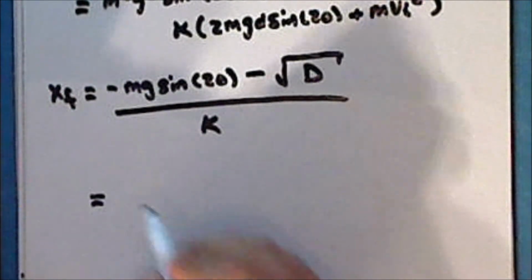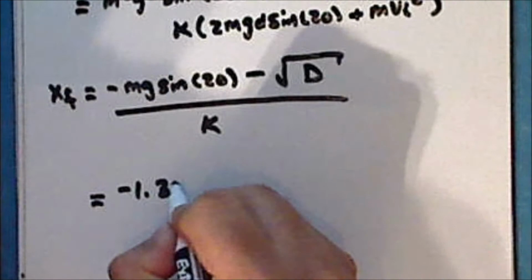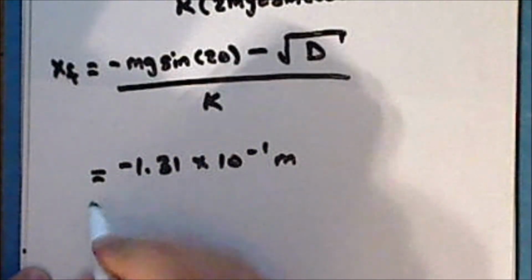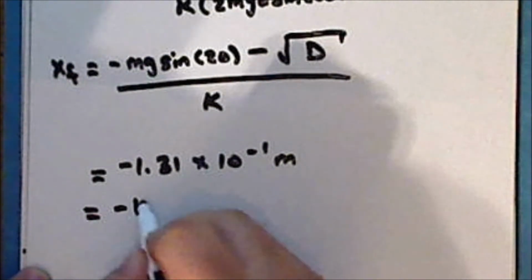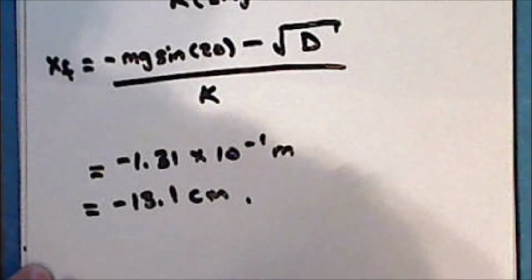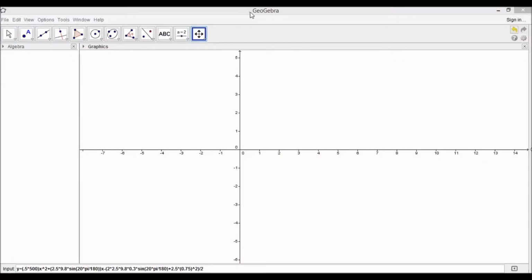And if we plug all these values into the calculator correctly, we have negative 1.31 times 10 to the negative first meters, or negative 13.1 centimeters. That is, the spring is compressed by 13.1 centimeters. And you can also use a computer algebra system such as the free GeoGebra. Simply enter the equation.